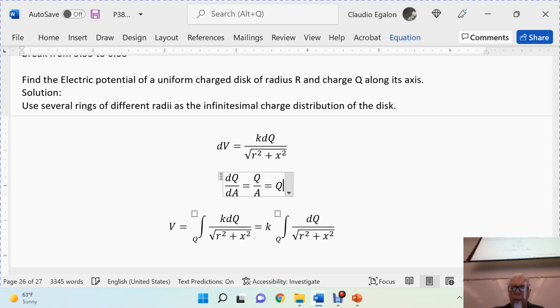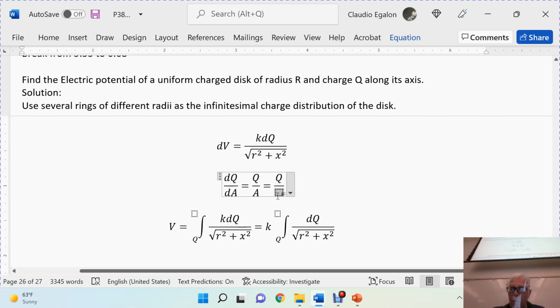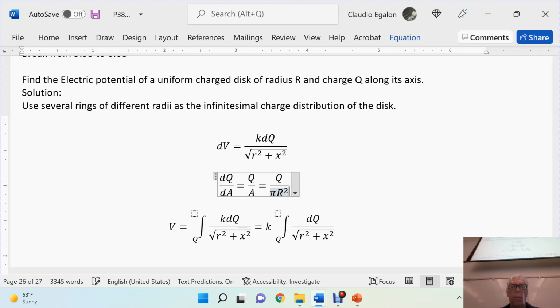Q over pi R squared, right? That's sigma, right? You can write it down here as being sigma.